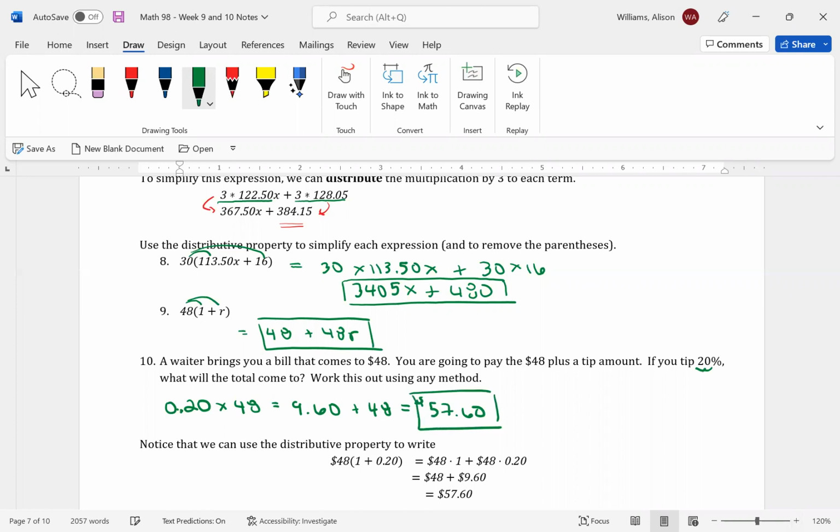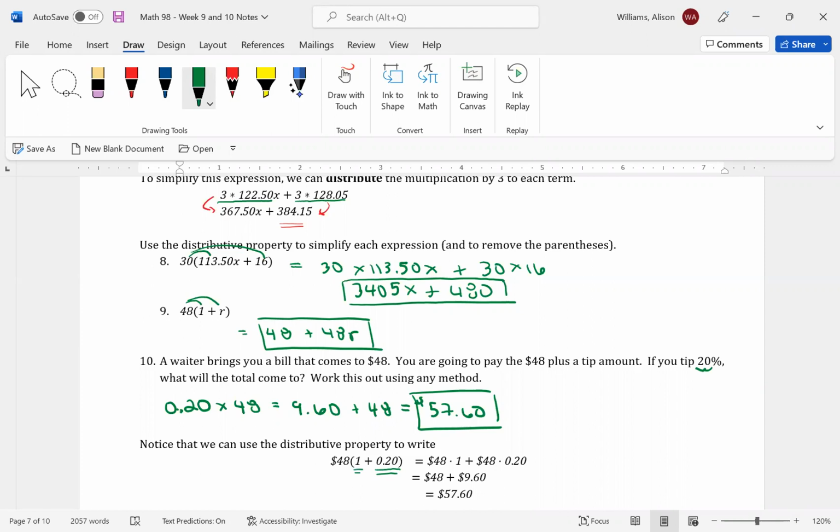Now they want to show us there's another way I could have thought of it. I could have used what's called the distributive property and thought of it as 1 being what I'm going to spend on the meal, plus the 20%, the 100% for the meal, and then 20% for the tip. So in other words, in this meal, I'm spending 120%.